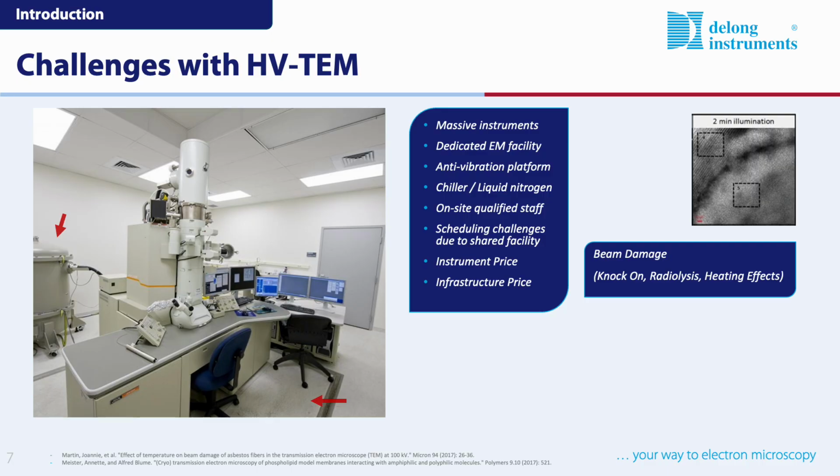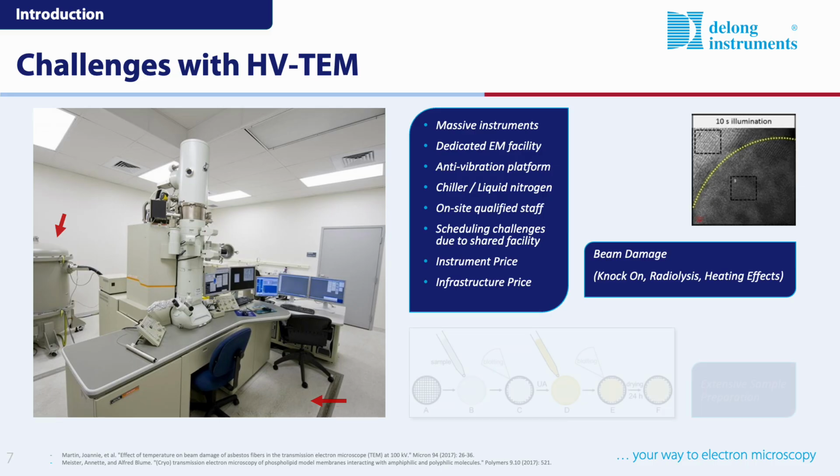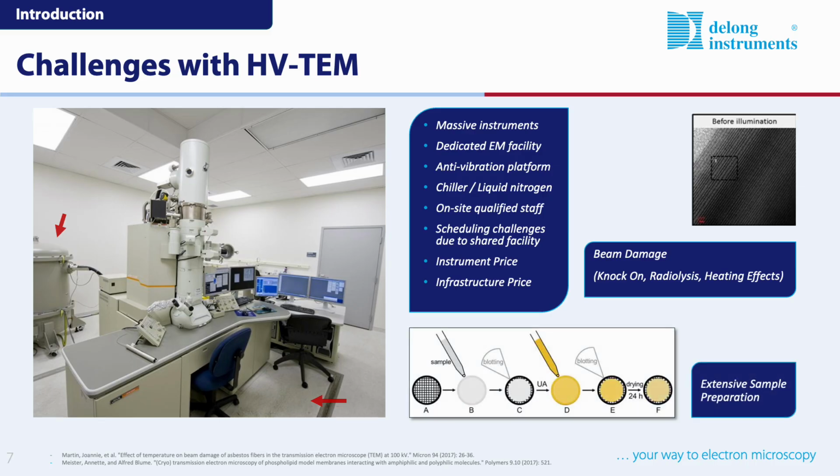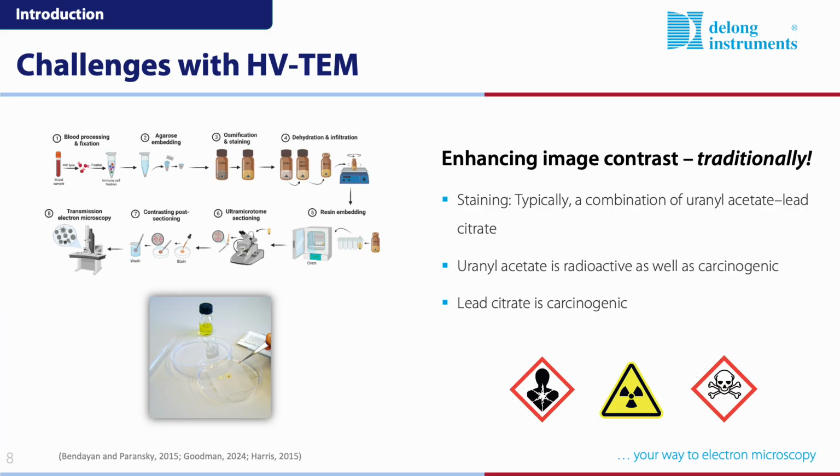Because these systems are usually shared within an institution, scheduling can also become a real bottleneck. And of course, both the instrument itself and the supporting infrastructure come with a significant price tag. High voltage beams can also damage sensitive samples through knock-on effects, radiolysis, or even localized heating. On top of all that, sample preparation can be extensive and time-consuming.